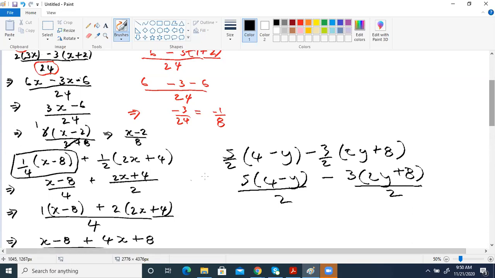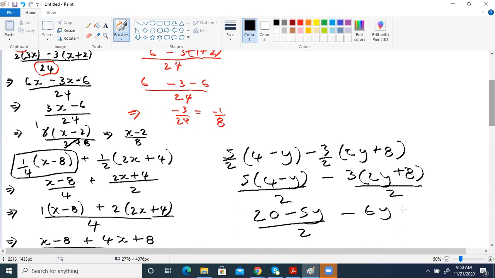All right. So what would be the next step? So yeah, you're on the right track, as in I don't mind, this works. All right. Then you would have 5 times 4, which is 20, minus 5y over 2, and then it's minus 6y, plus 24.